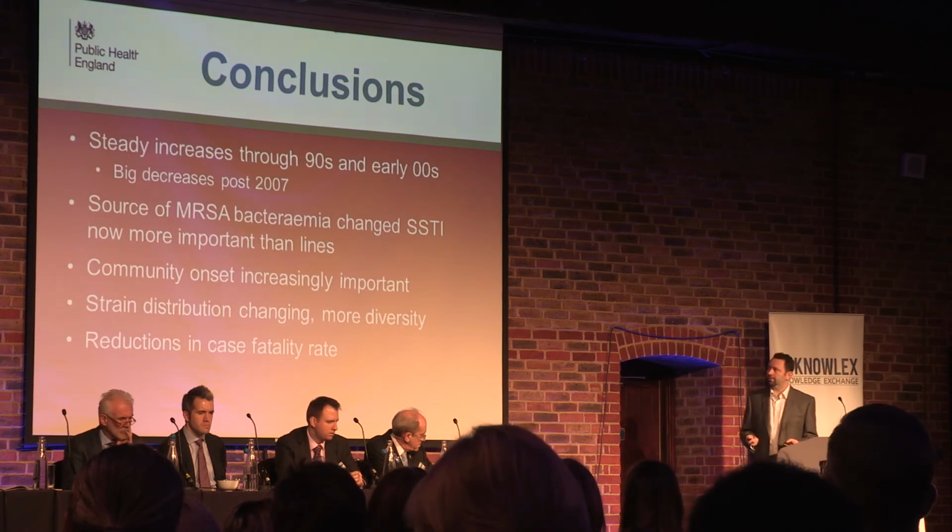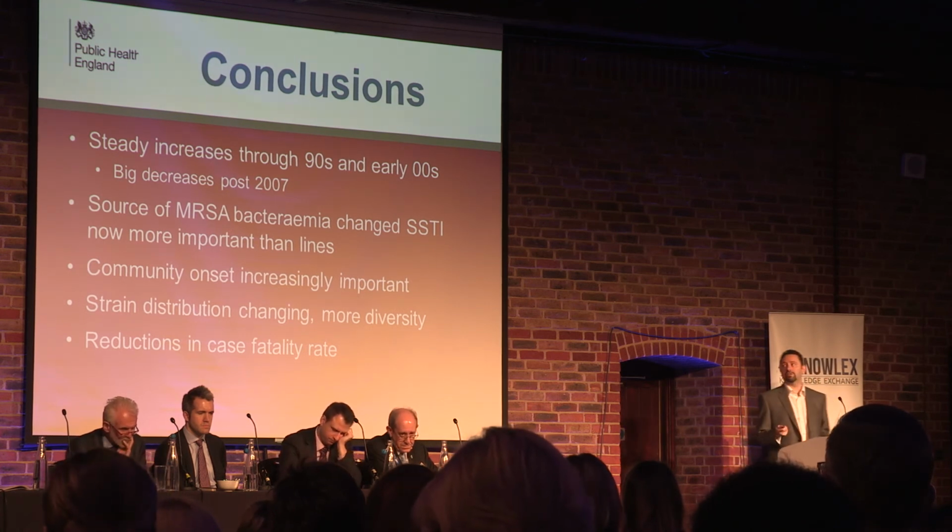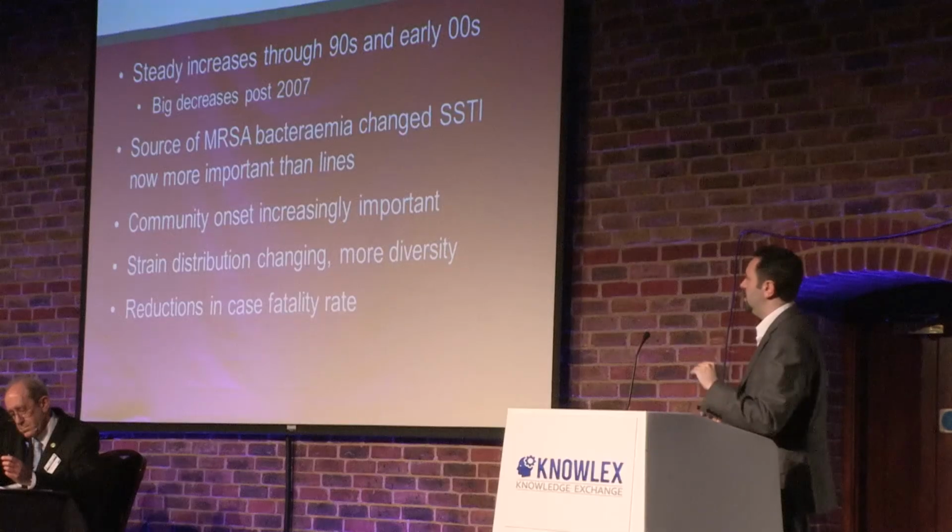So to conclude, we've seen steady increases throughout the 90s and in the 2000s. We've seen big decreases in both infections post-2007, although both the trends have flattened off now.